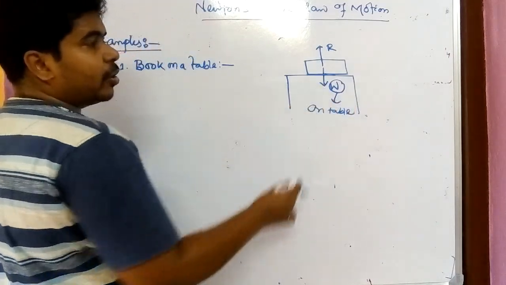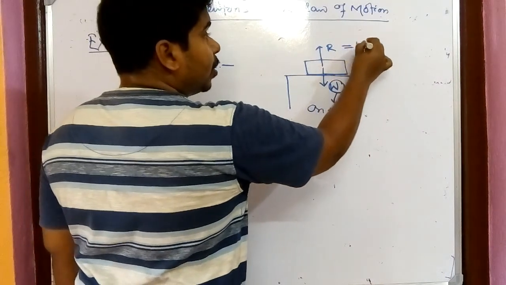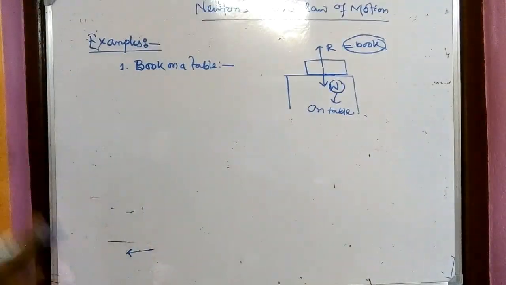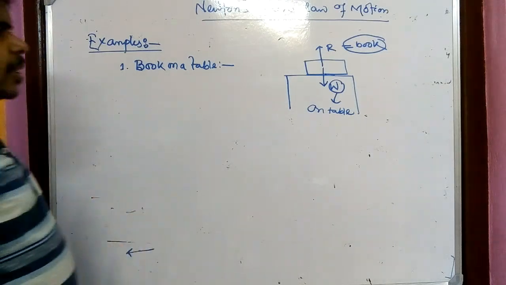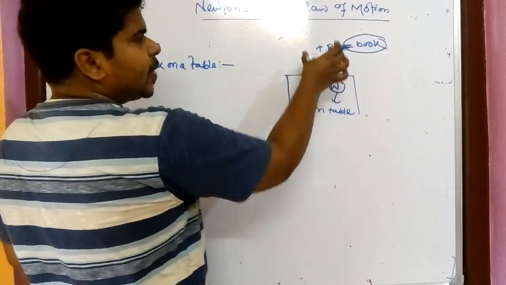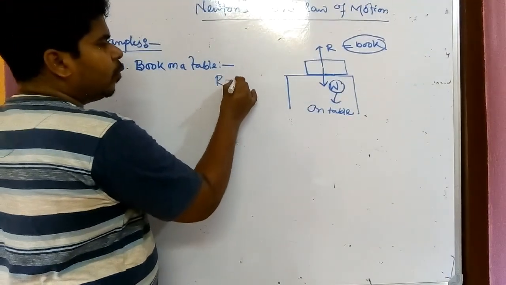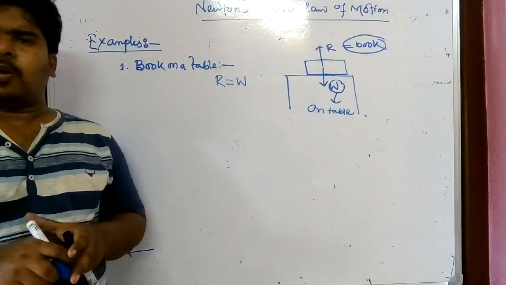And the reaction is given by the table to the book. Here also you see, action and reaction never act on the same body, and in this case the book remains static on the table because the reactional force will be equal to the weight of the body.